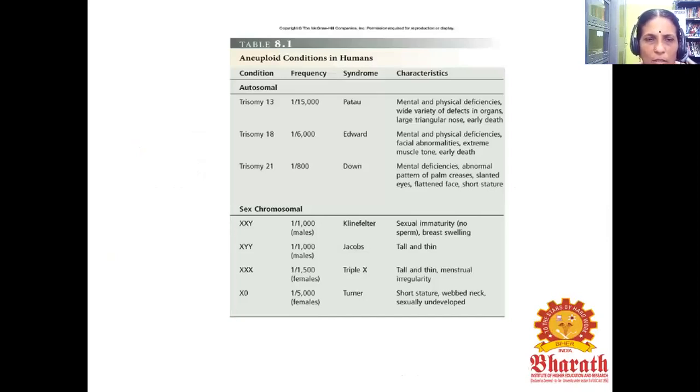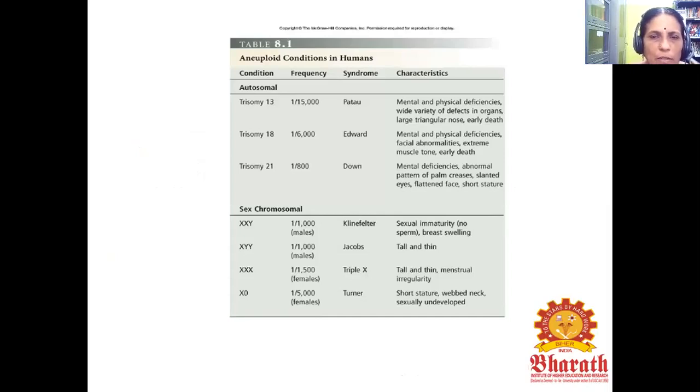The first condition is autosomal trisomy 13. The frequency is 1 in 15,000, and it produces Patau syndrome. The characteristics are mental and physical deficiency, a wide variety of defects in organs, a large triangular nose, and early death. In the case of trisomy 18, the frequency is 1 in 6,000.